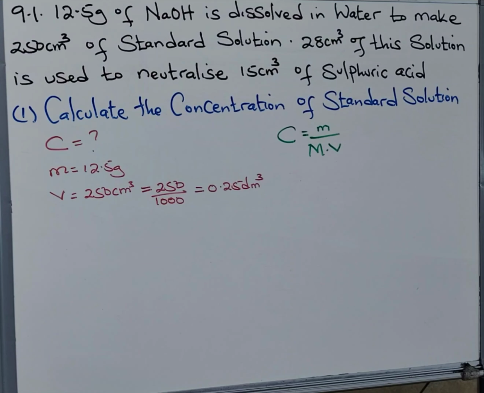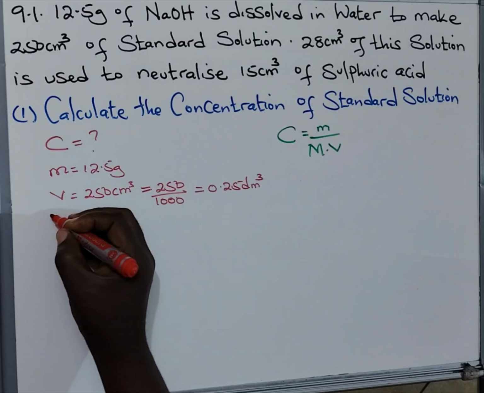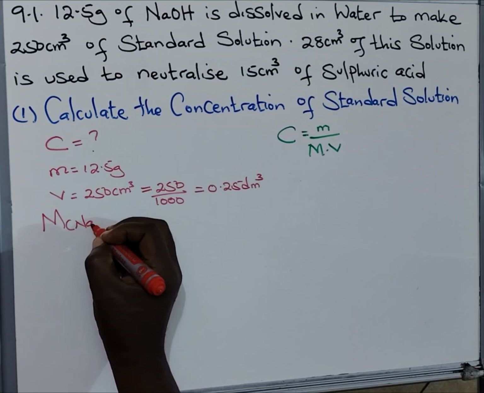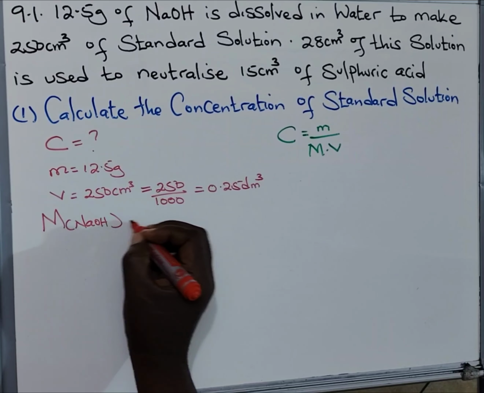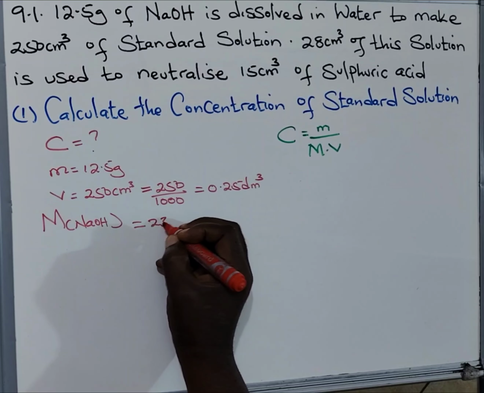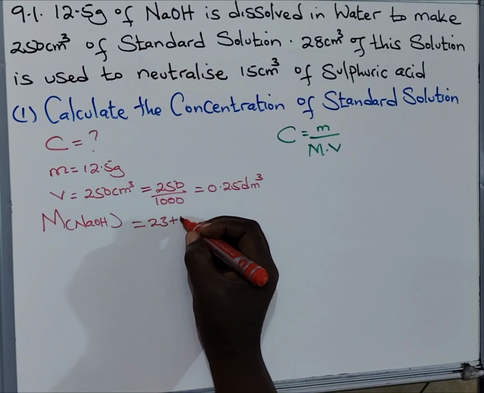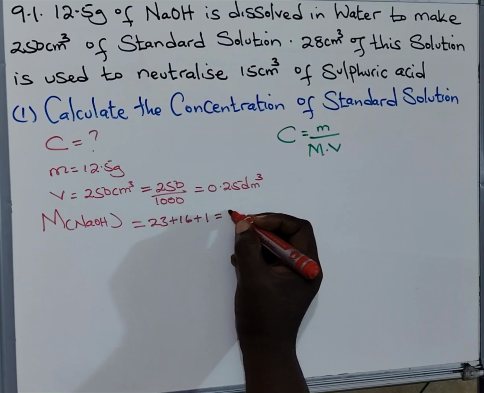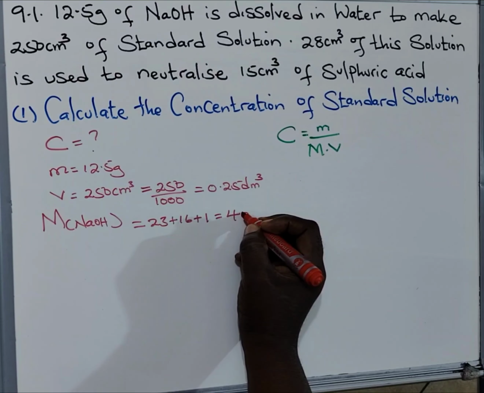What are we missing? Molar mass. The molar mass of sodium hydroxide. Okay, so what do we get? Sodium is 23 plus oxygen, which is 16, plus hydrogen, which is 1, giving you 40.